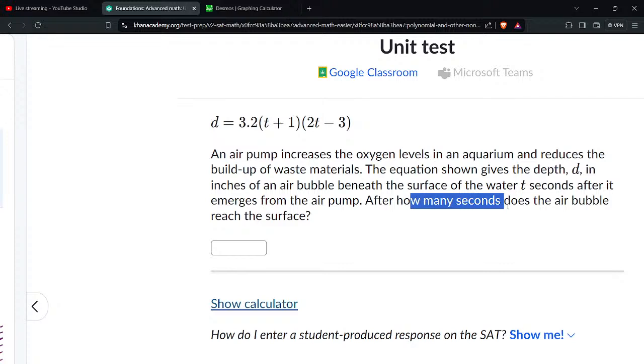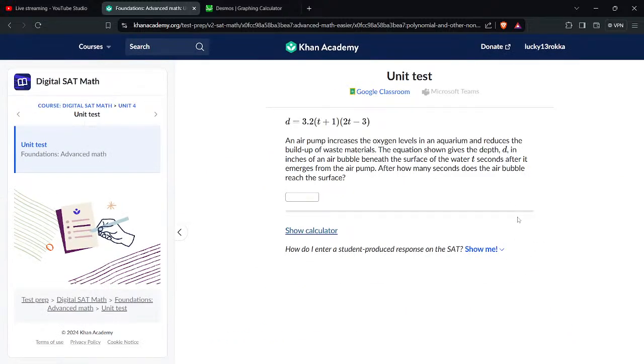Wait, we need to find 3.2. Wait, this is actually hard. Nice question.